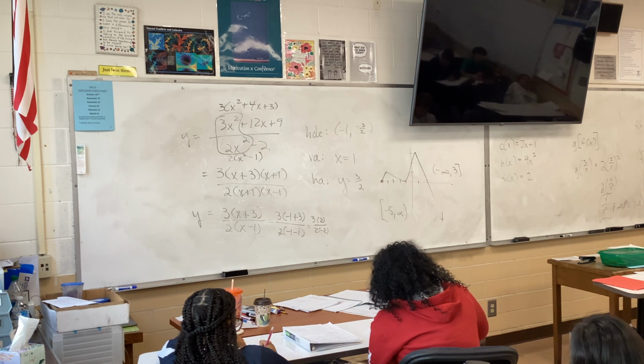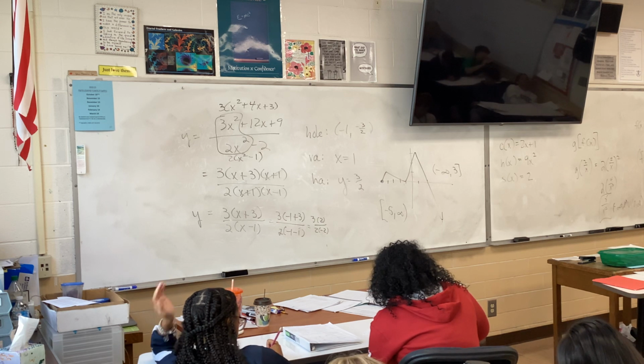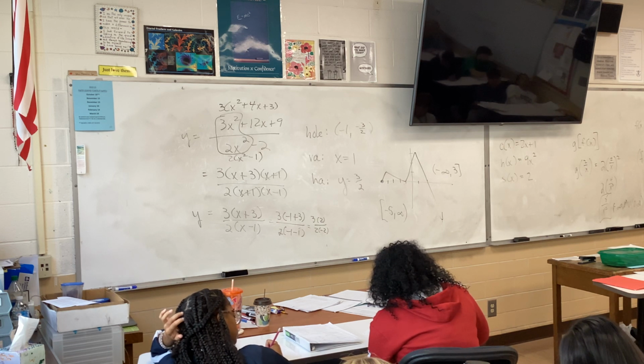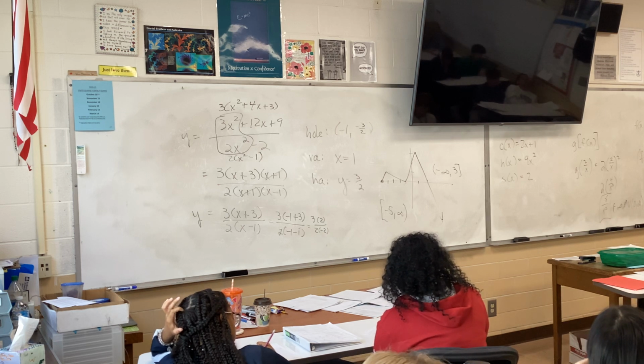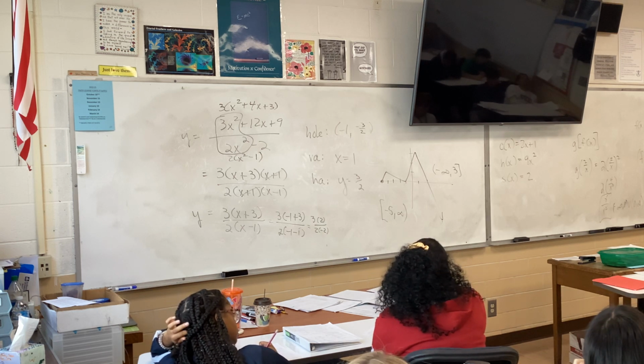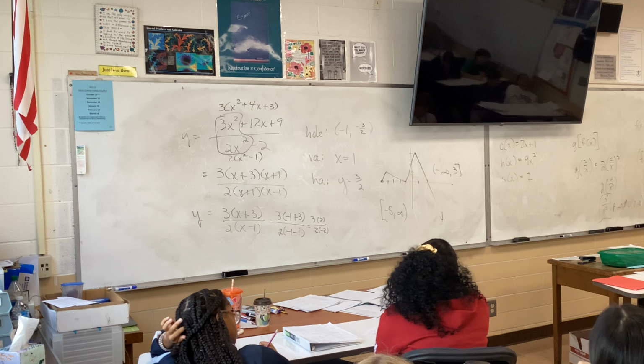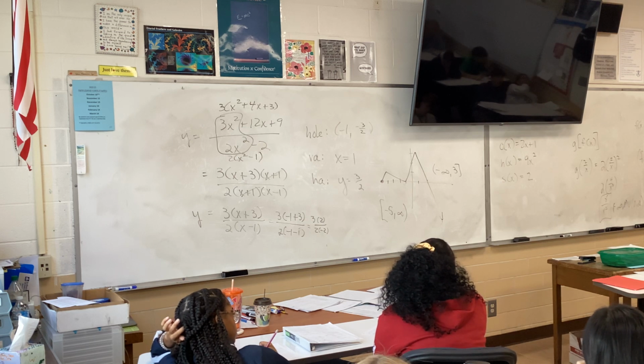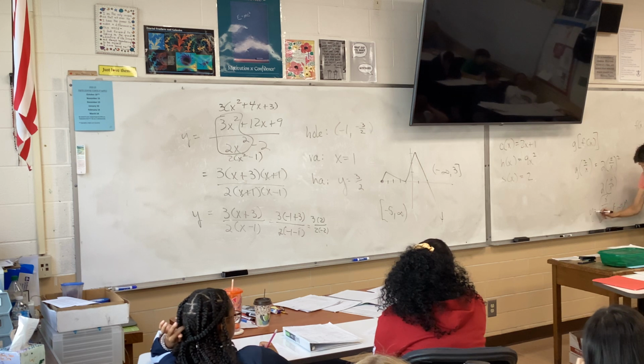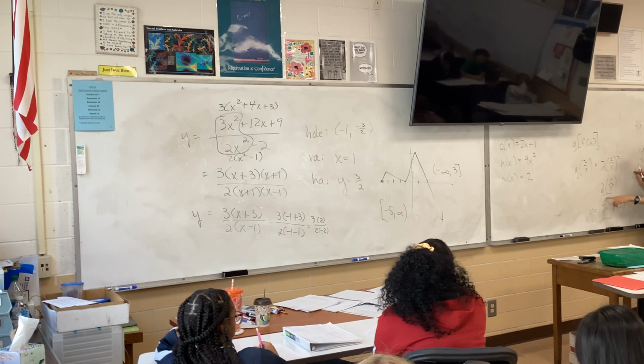Now, range is a little bit tougher. A couple of different things. If you want to graph that on your calculator, maybe you could figure out the range from the picture. Or just think about what you know about this fraction. What do you know about 8 over something squared?